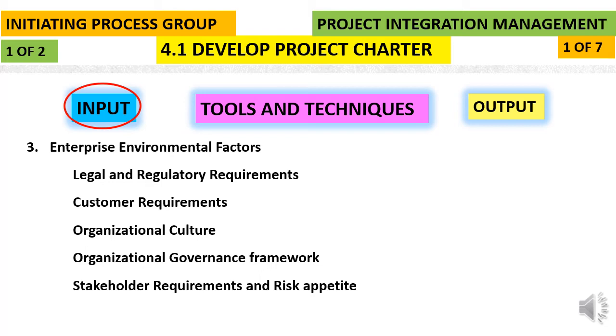The next enterprise environmental factor is the framework of the organizational governance. That means how the whole project team has to work, what kind of controls they have within the organization, what kind of matrix they follow for work allocation, what the coordination should be, and what policies we need to adhere to.